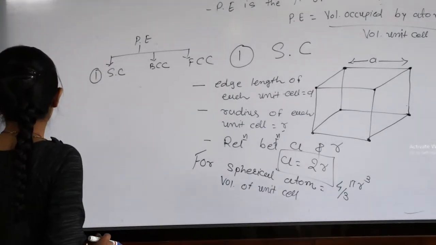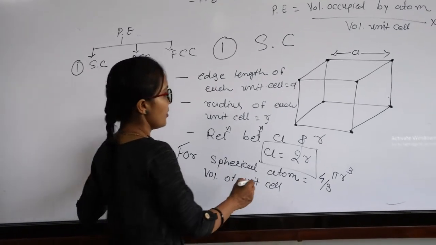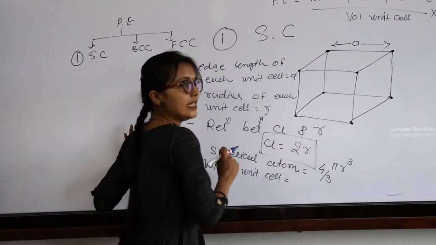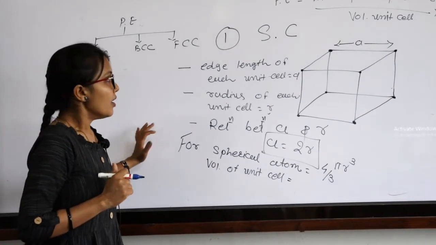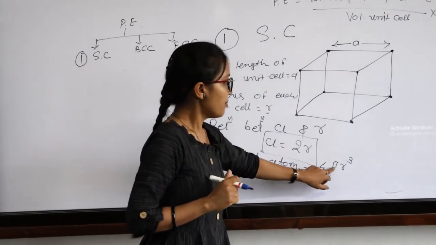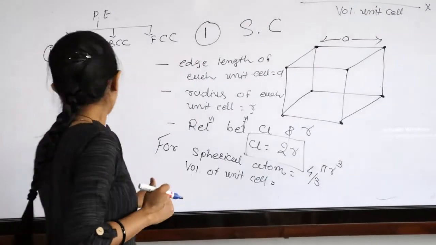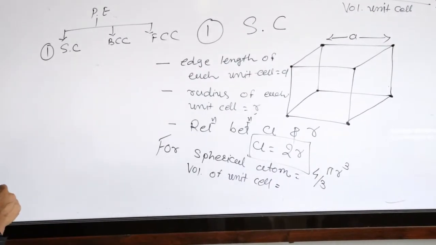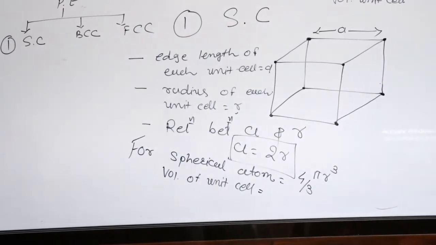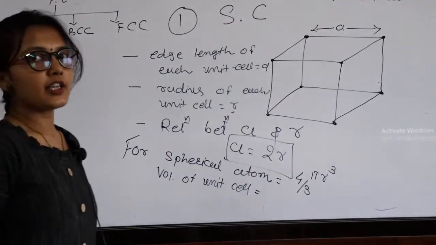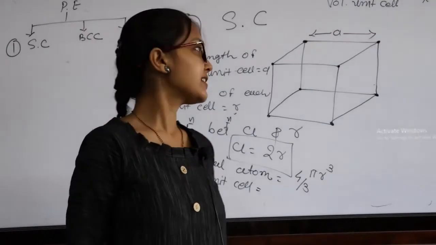That's why here we will easily use 4/3 pi r cube, and second, the volume of unit cell is equal to 8r cube. Why is 8r cube present?